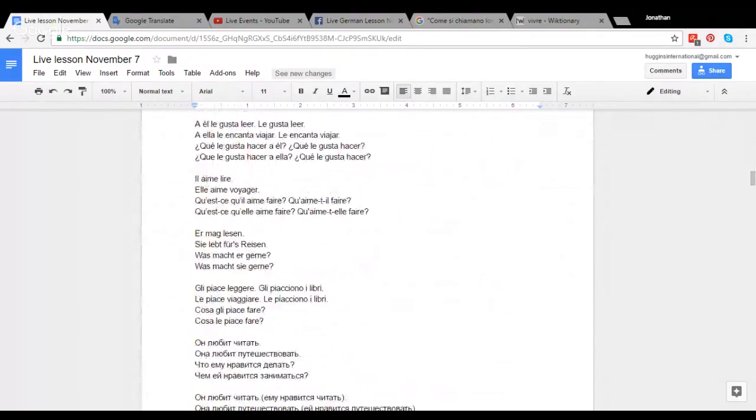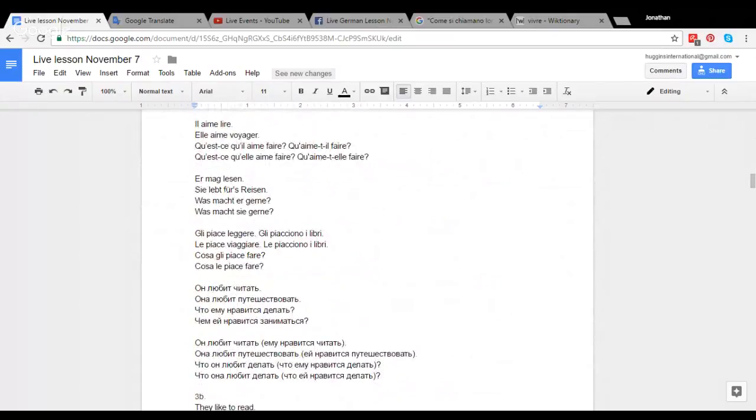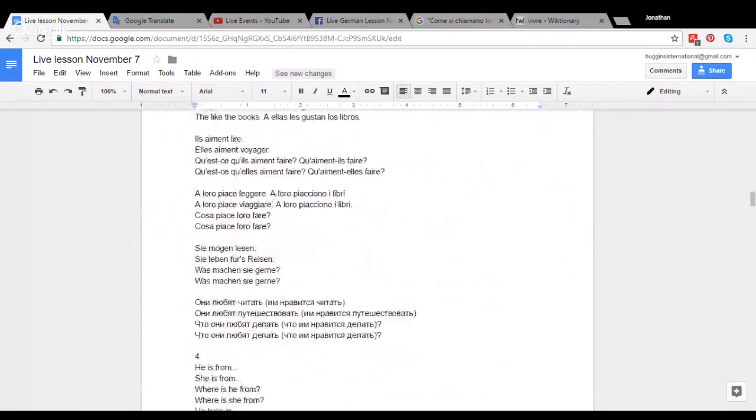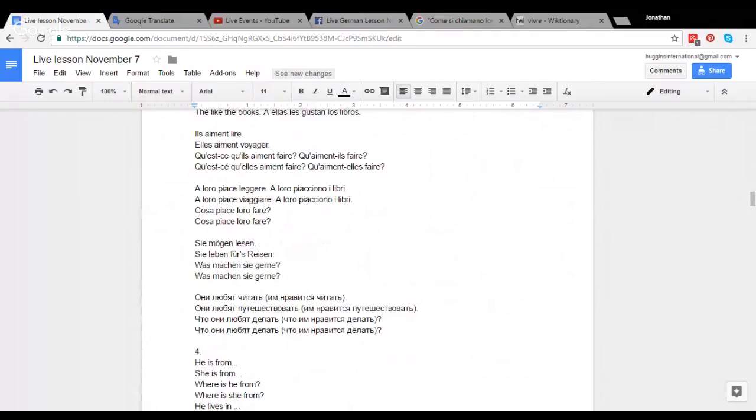So I would use like mag or lebt, and again, the expression gerne. In the plural, I would be working with Sie mögen lesen, Sie leben fürs Reisen, was machen Sie gerne? So I don't have a difference between masculine plural and feminine plural. They're both just sie.